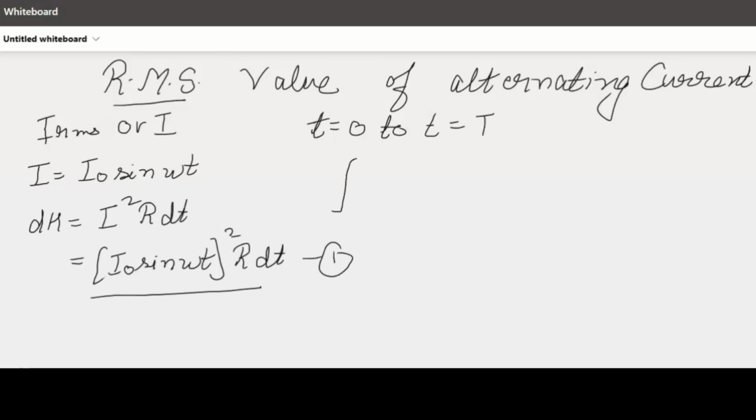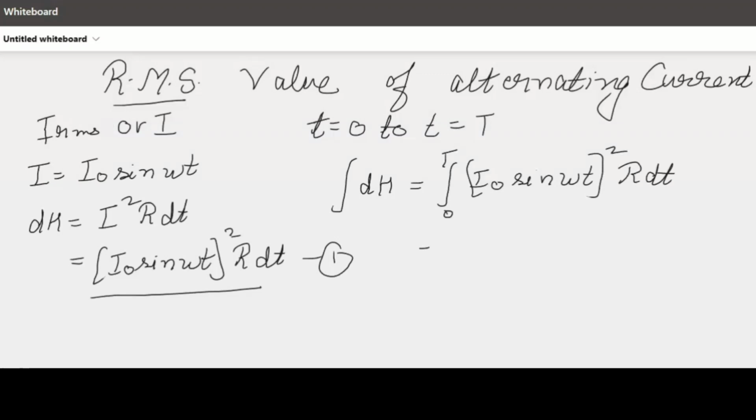So for the total time period we have to do the integration. So we are doing the integration by putting the limits from 0 to capital T, and putting the value of the heat, that is I naught sine omega t square multiplied with R into dt.